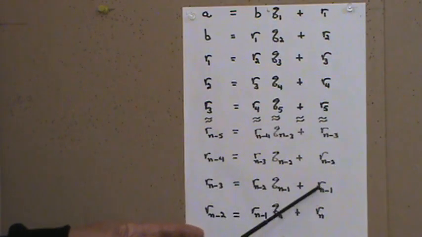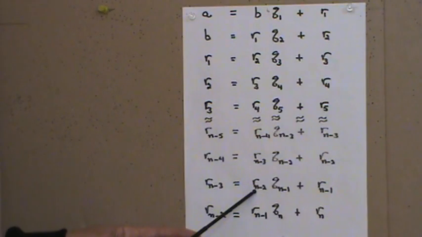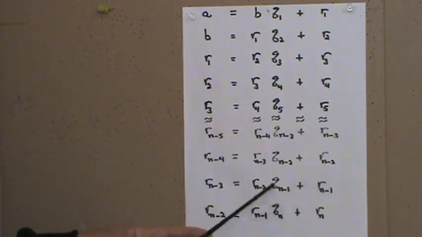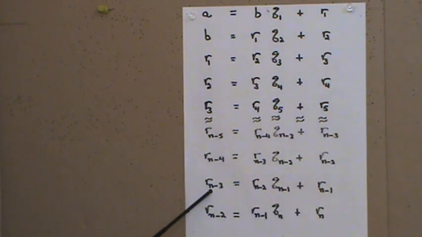Now R_{n-1} also divides R_{n-2}, because we have shown it in the previous step, that R_{n-1} divides that one. So it divides itself, divides that one, therefore divides R_{n-3}.